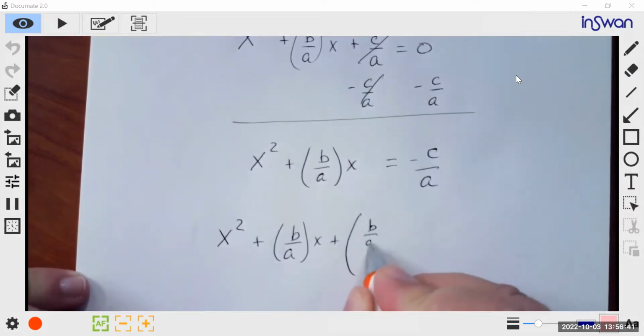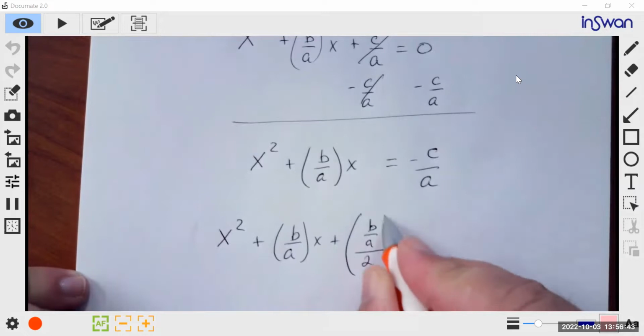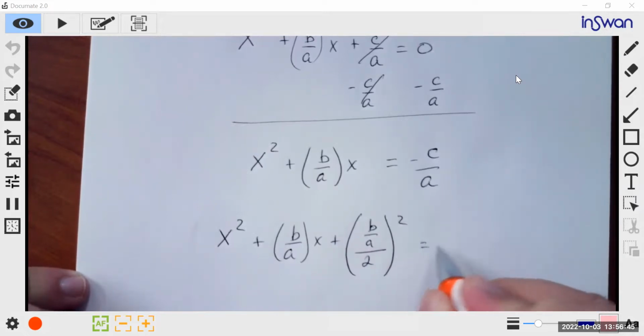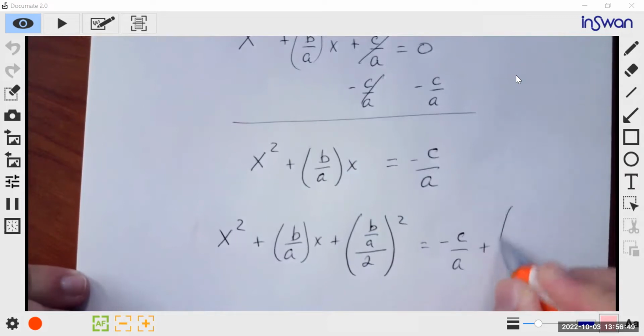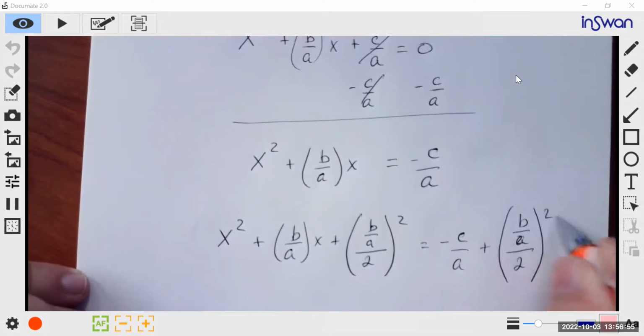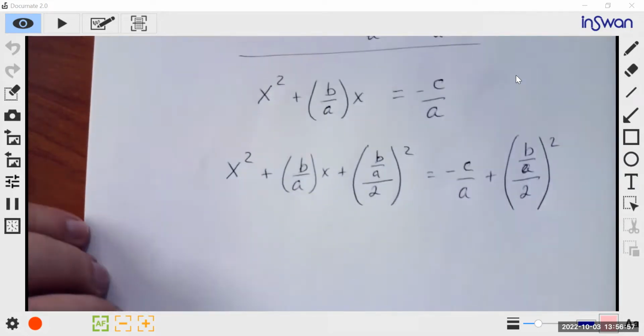So we have b over a divided by 2 squared. Add that to both sides. B over 2, or b over a divided by 2, squared. This is the b term, so it's squared.